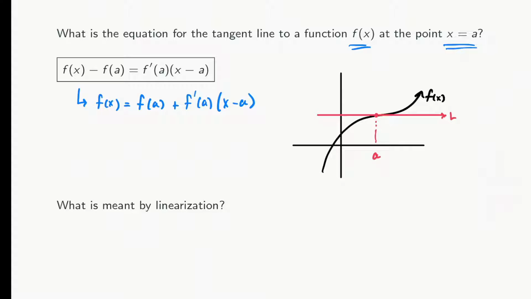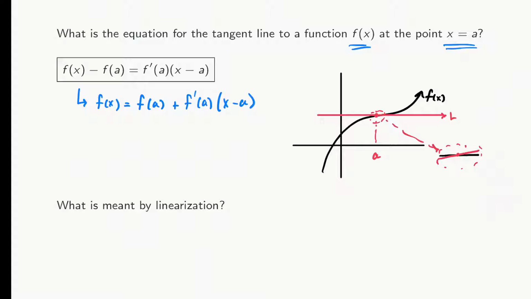We'll call this L. This here is telling us that within this region, if I were to zoom in really close here, these two curves would be indistinguishable from each other. The tangent line L would be very, very close to f of x, almost indistinguishable. I'm kind of drawing them a little bit apart so we can see. But if we zoom in close enough, they'd really be laying right on top of each other.